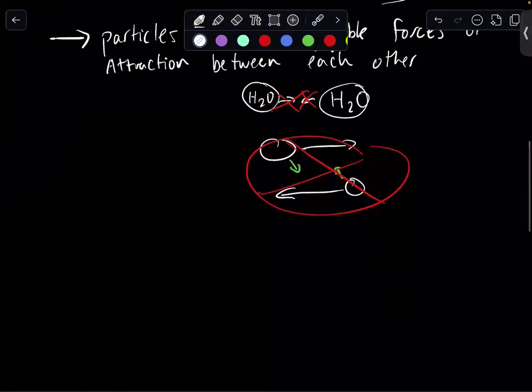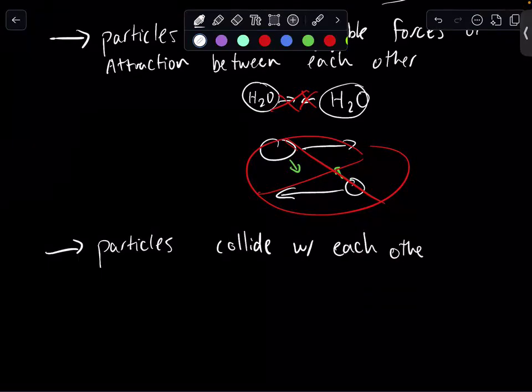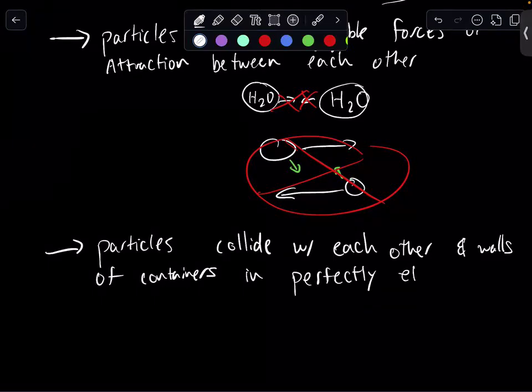All right. The third one is particles collide with each other and walls of container, because our gases must be contained, in perfectly elastic collisions.